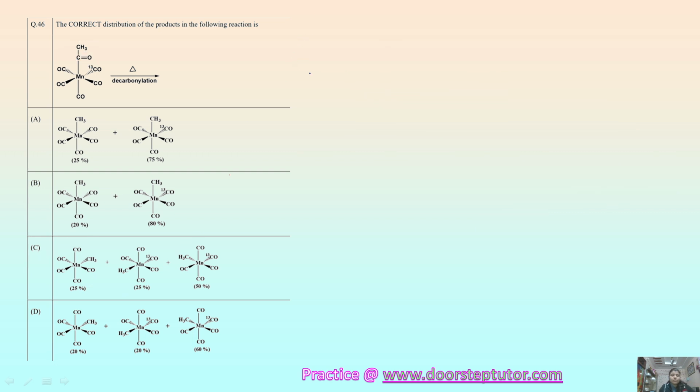So it's a very short trick. If you are going to move your CH3 from one place to another, only in the cis position, this and this, not on the trans position, always remember that. Then you are going to get the products in different ratios: 25%, 50%, and again 25%.